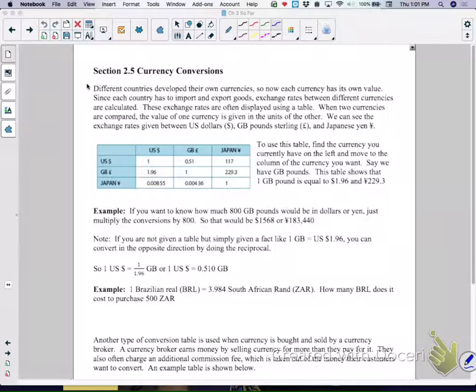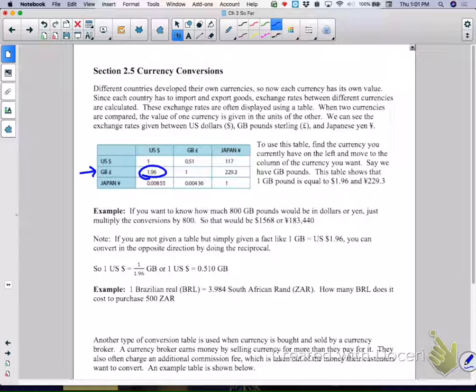To use this table, you find the currency that you have on the left and move to the column of the currency that you want. So if we're dealing with pounds and we want to know what that would be in U.S. dollars, there is one Great Britain pound for every $1.96, and with the yen, 229.3.